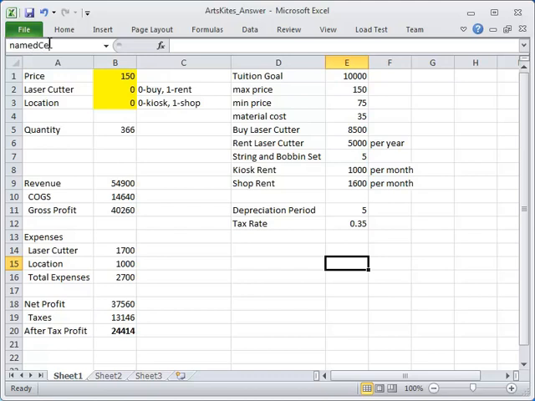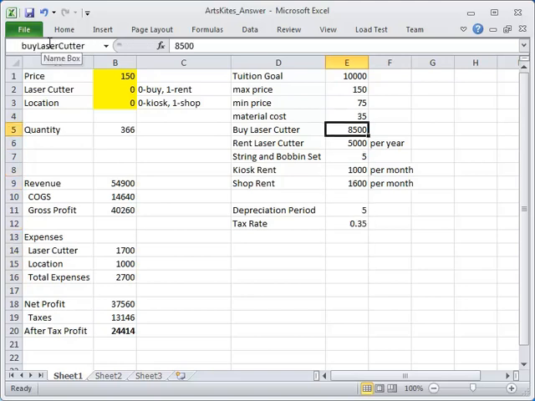So I can call this named cell. And so later, if I want to use that cell in an equation, I can say equals 2 plus. When I select that cell, instead of using E14 or E15, it uses the named cell, and it makes it a lot easier as we move forward to work with our models, when instead of looking at coordinates, we're looking at names that are meaningful to us.